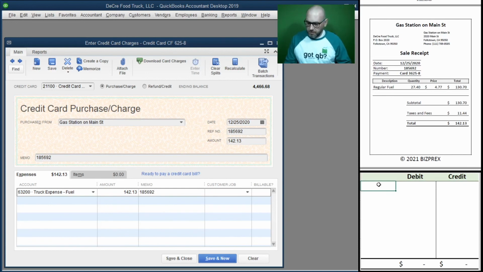Right, so again, let's enter it. Debits and credits are in balance, right? This account is being credited, this account is being debited.